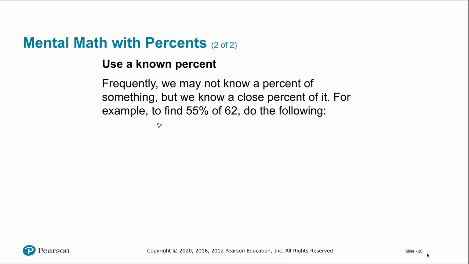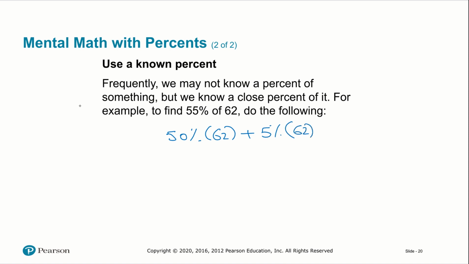All right, so let's say we want to calculate 55% of 62 using some of these fractions that we just saw as equivalents of percents. So I noticed that 55% of 62 I can think of as 50% of 62 added to 5% of 62.